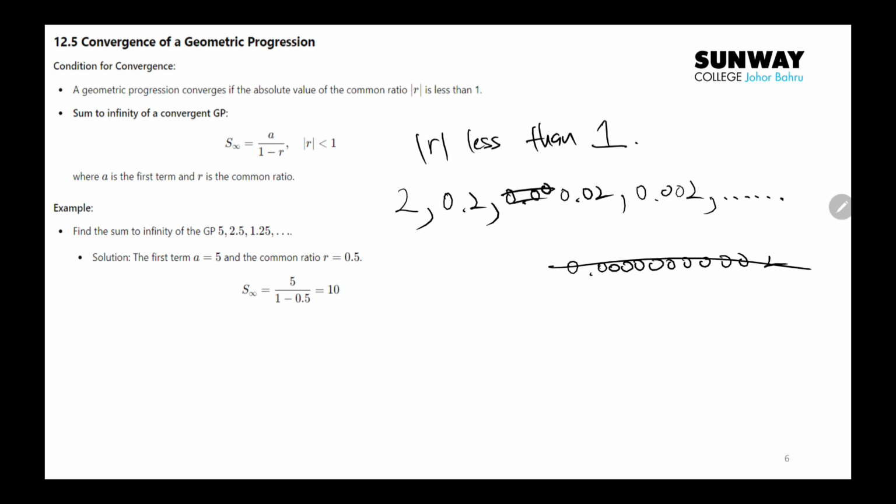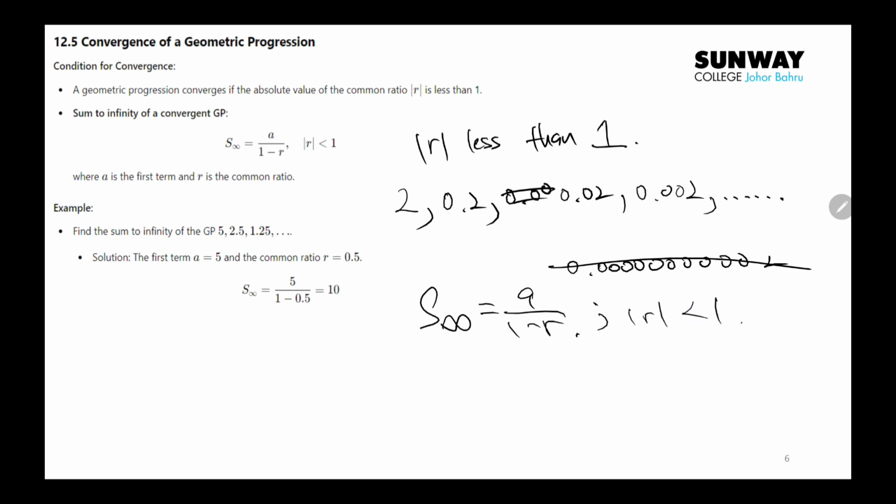Not significant anymore. So when you have such a situation, you will then be able to deduce a summation to infinity. The summation to infinity formula is as such, and it can only be used when you have the absolute value of r smaller than 1.